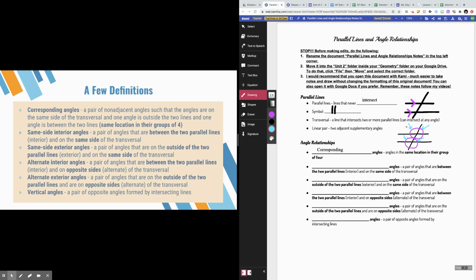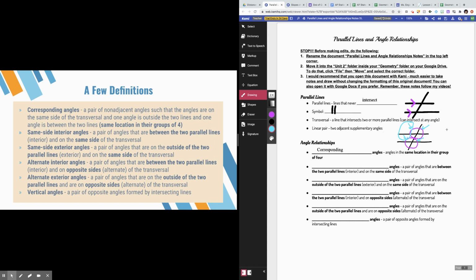So what this says is that the angles that are in the same spot in their group of 4, like these two angles right here, the ones that are both in the top left, those are corresponding angles. One thing I want you to keep in mind is that all of these are angle pairs. It's a relationship between angle pairs, so you always have to have 2 angles there.